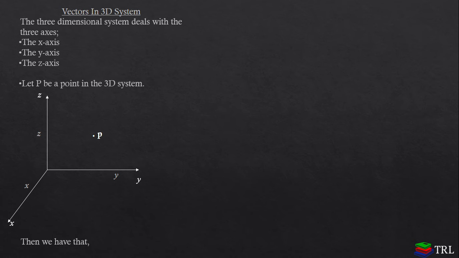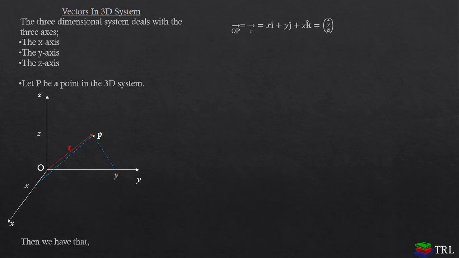The vector OP or the vector r can be represented as vector OP equals vector r, which equals xi plus yj plus zk, where i, j, and k are unit vectors along the x, y, and z axis respectively. This equals (x, y, z).